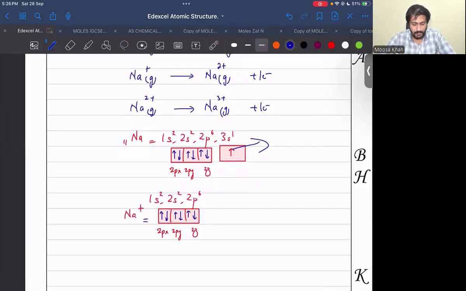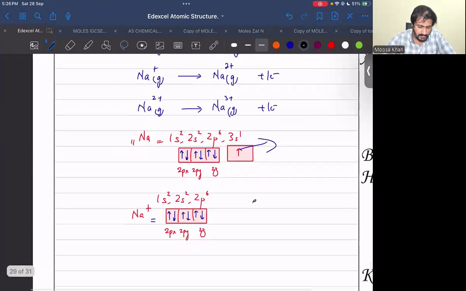Now, if you have to remove one more electron from this Na+ ion, which electron would be the first one to be removed? The electron which is filled last. Let me write it down for you. Electron filled last is the first one to be removed.